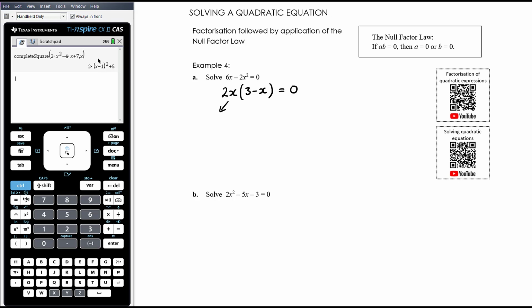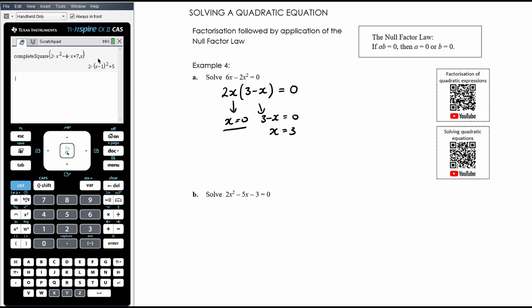You can think about this in 2 different ways. Either you're thinking about 2x equals 0 or 3 minus x equals 0. This gives x equals 0, and this gives x equals 3. Or at this point, you can think about, actually, I've got 3 things multiplying together here. 2 could equal 0, which is ludicrous, or x could equal 0, or 3 minus x could equal 0.